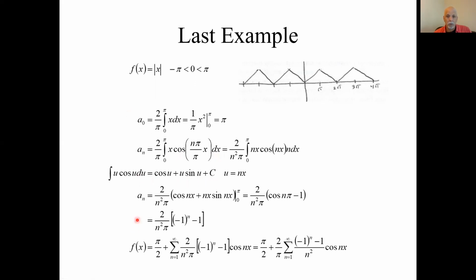But I'm not going to go through this calculus. Hopefully you can do calculus. The only thing in there is, again, we have a cosine of n pi, so we can replace cosine of n pi with minus 1 to the n. That's the only trick beyond doing the integral.